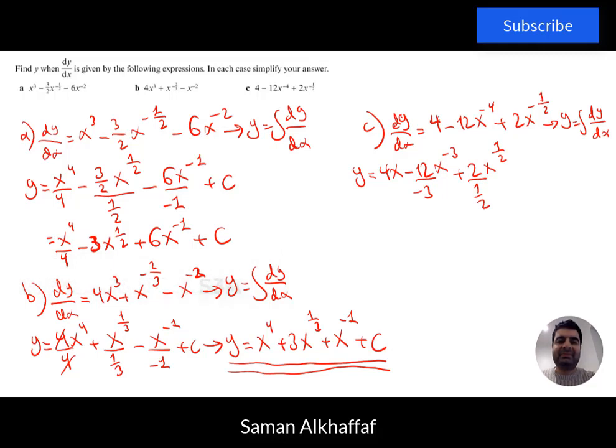Now in this scenario, we would have also plus c, so that would give us 4x, the minuses will disappear, so that will give us a plus 12 by 3, that would give us a 4x to the power of minus 3, and the 2s in this scenario will be multiplied, so that will give us plus 4x to the power of a half plus c, and this will be our answer for this part.